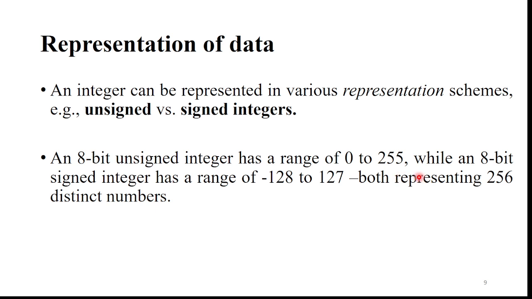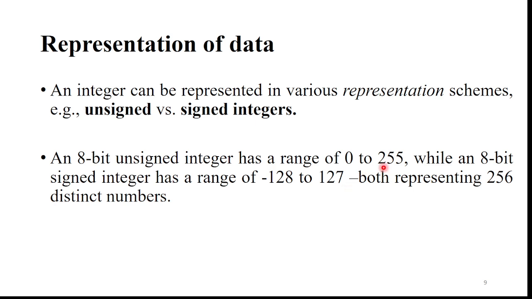However, for the signed integers, an 8-bit signed integer can represent values between -128 and 127. So here the signed integers can represent both positive and negative numbers, as well as the number 0. This is the difference between signed and unsigned integers.